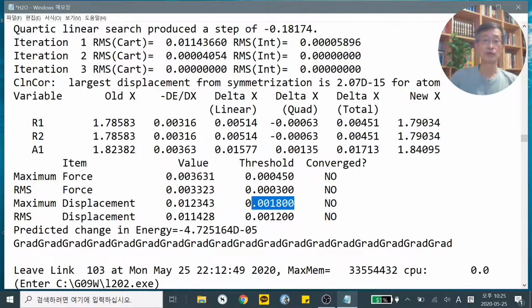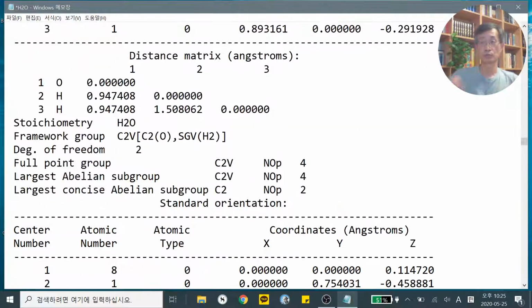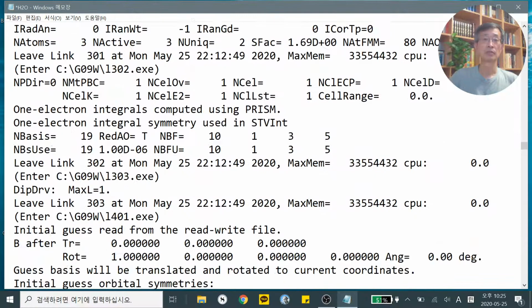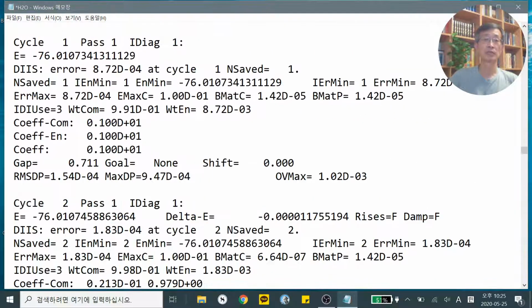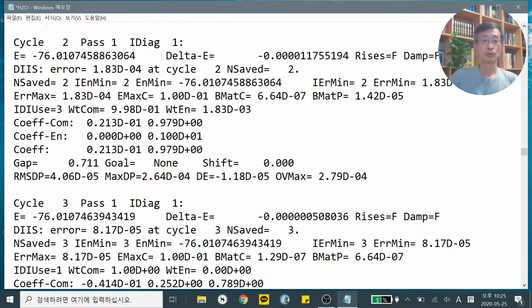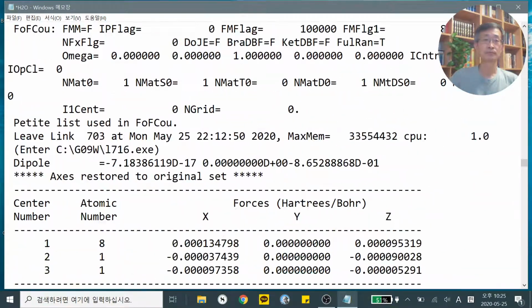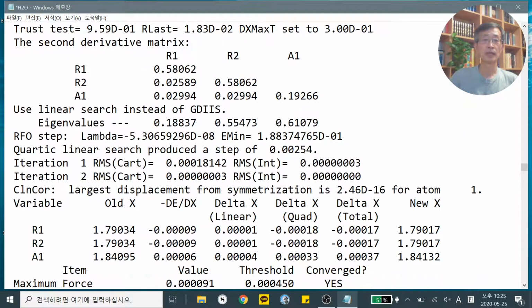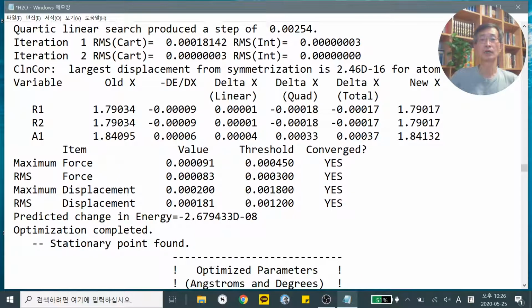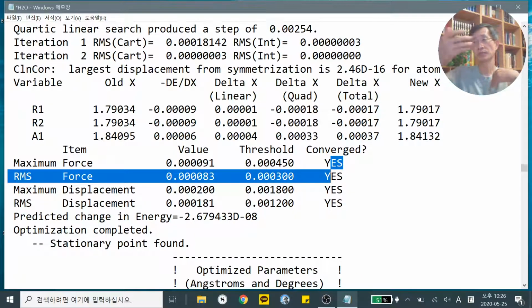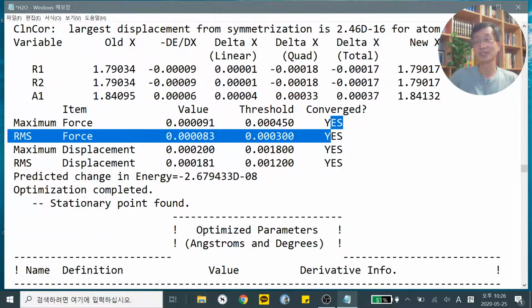So nothing converged, so it moves the positions and does another calculation, lowering the energy, and checks the convergence criteria until they are met, and then it stops. So it does one more time, the third time, and then let's say all converged. It converged at the third step in this case, because I already gave a kind of good initial geometry.